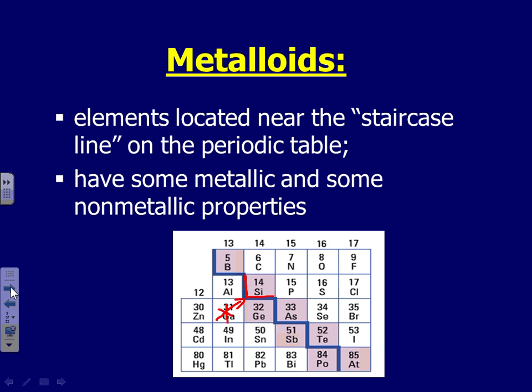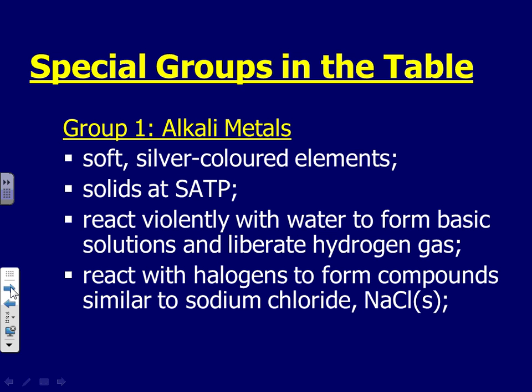Okay? So going through the periodic table and the special groups, the first one we encounter on the left is group 1. It is the alkali metals. They're soft, silver in color. All of them are solids. They react with water violently. All right?